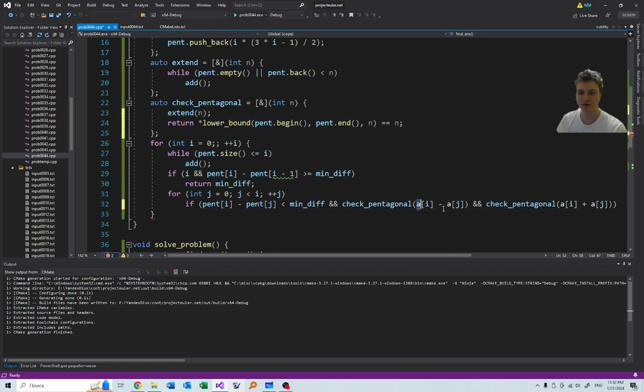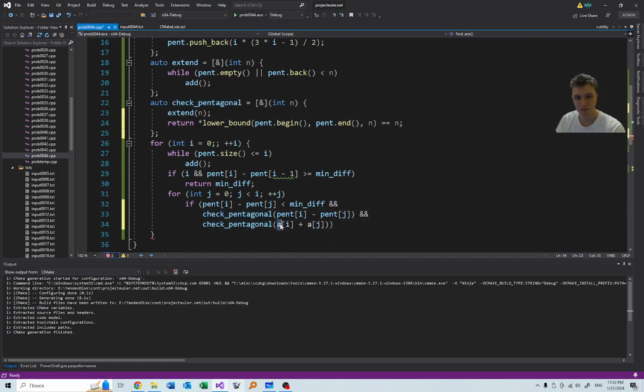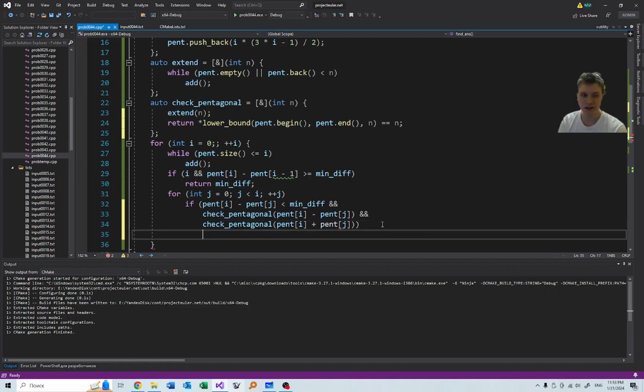So if all of it is true, then we can indeed say that min diff is pent[i] minus pent[j].